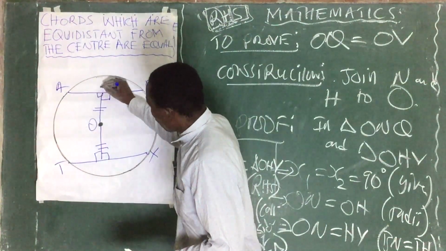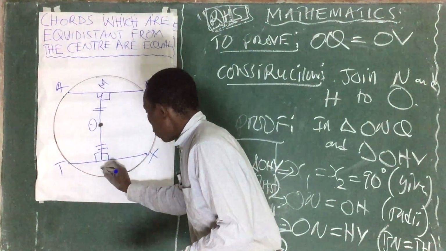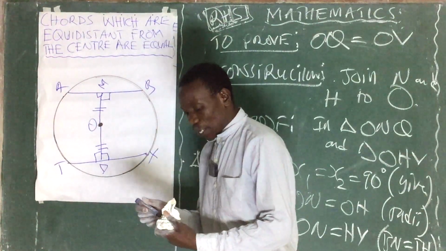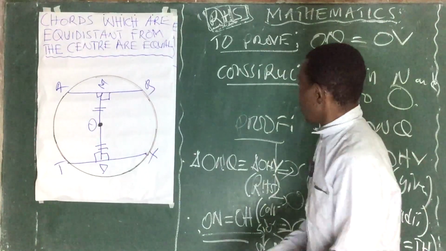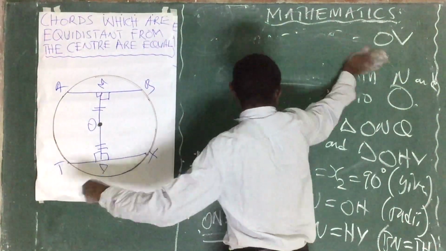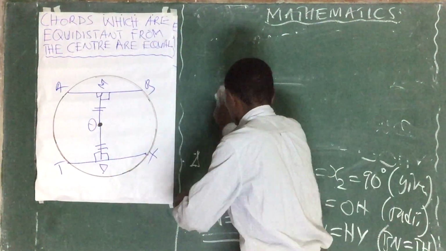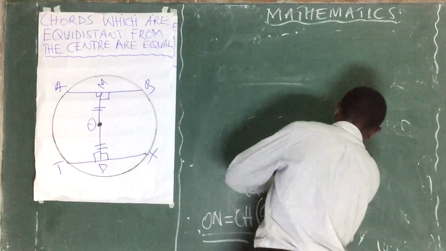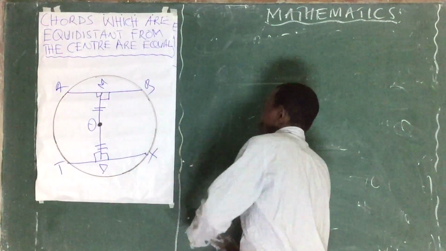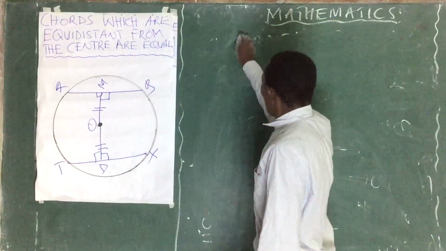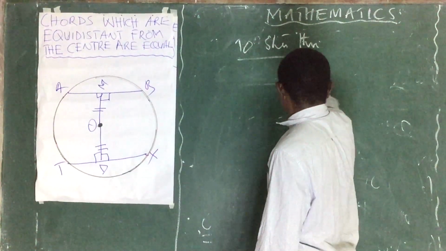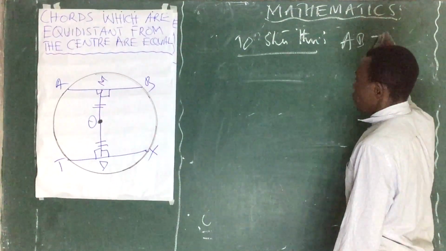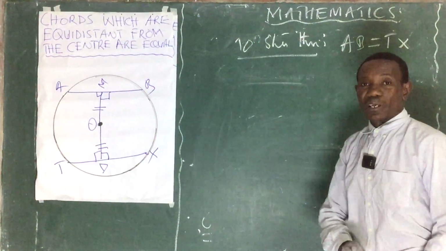So let's have OM and OD being equal to each other. The target here is simply to show that AB is equal to TX.